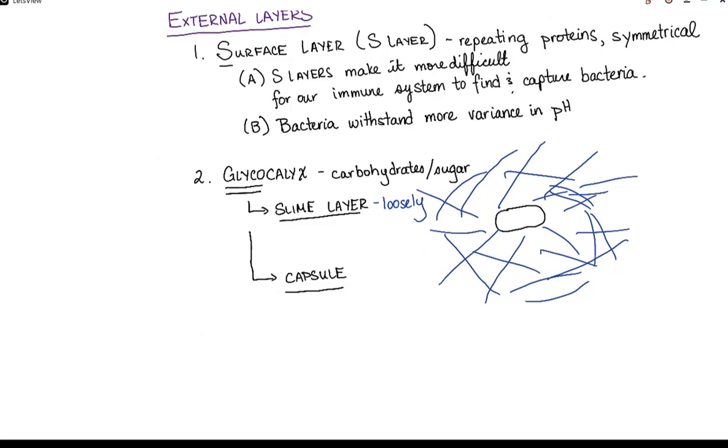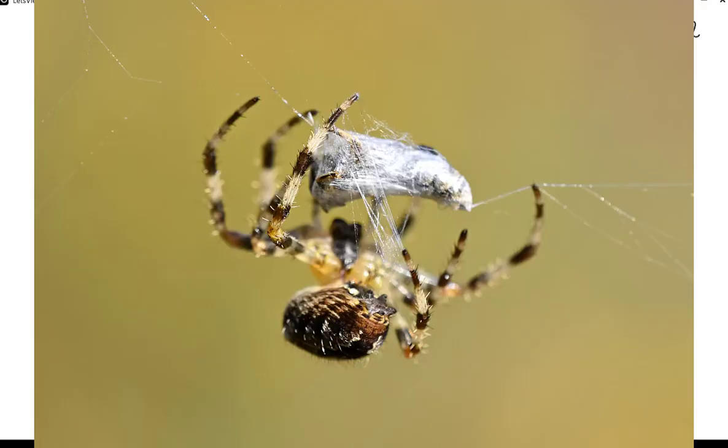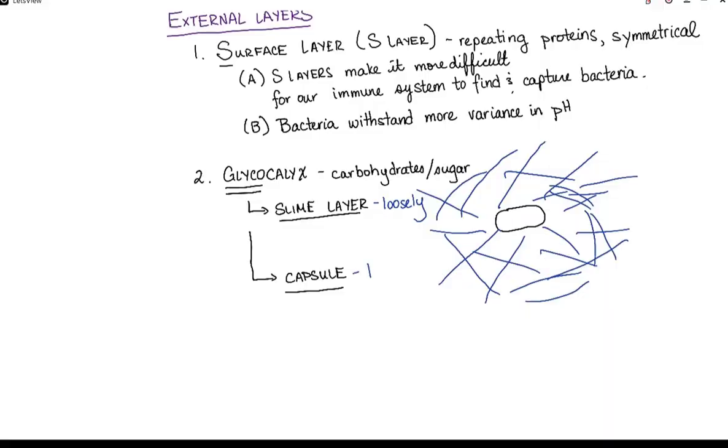Now, the other option is that the bacteria doesn't spray it out everywhere as a welcome mat for other bacteria, but rather wraps it tightly around itself, more like a spider wrapping up an insect in a cocoon. And if that's the case, we call that a capsule.